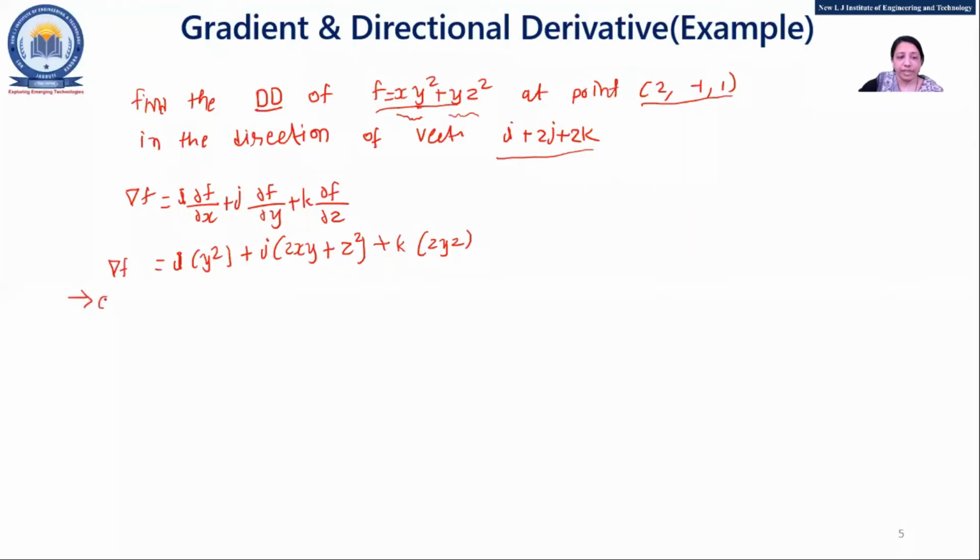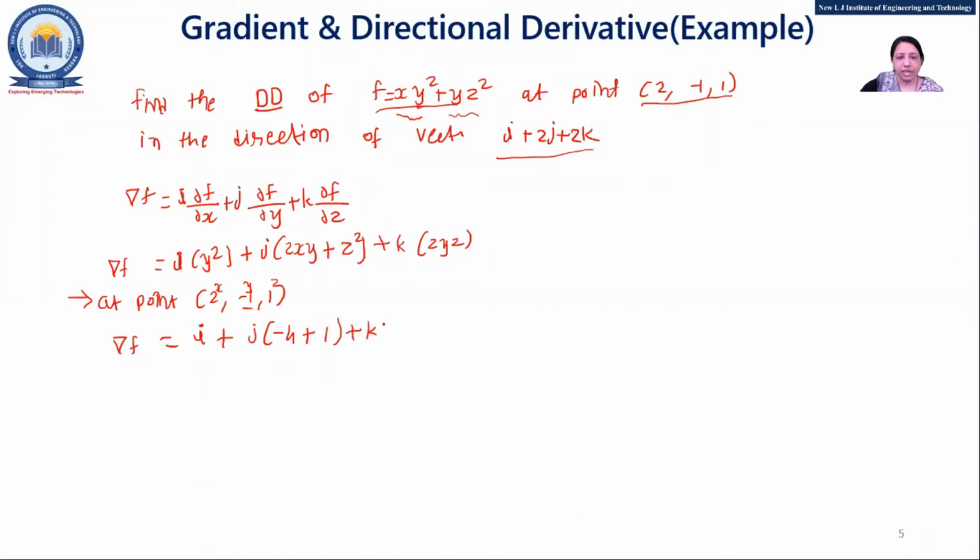Now the point is also given, so we need to put the values of x, y, z at point (2, minus 1, 1). This is x, y and z. With y equal to minus 1, y square is 1, so I write only i. Now plus j times 2xy, that is minus 4, plus z square which is 1.